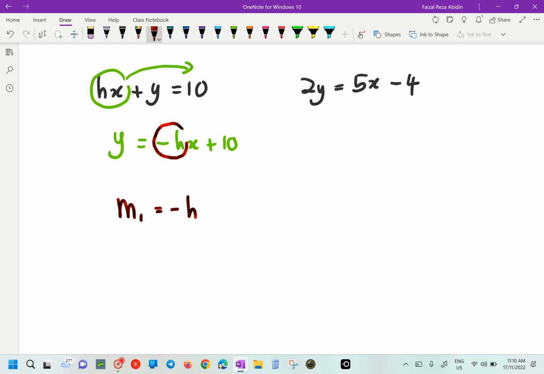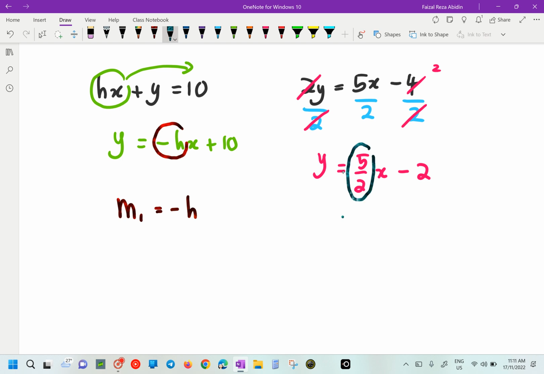You are going to divide everything by 2, isn't it? 2 and 2, just leave it. 2 and 4, you're going to get negative 2. So our equation here is y equals to 5 over 2x minus 2. Am I right? Yes. So where is your m2? 5 over 2 is your m2.